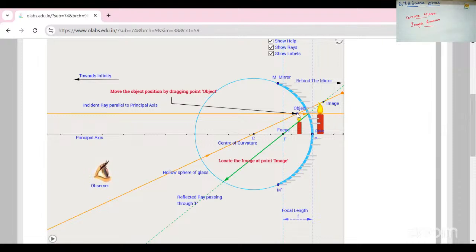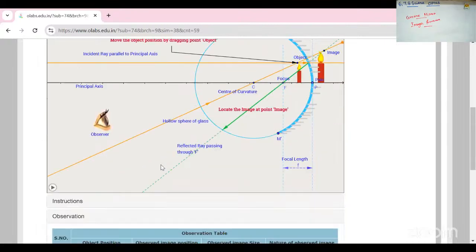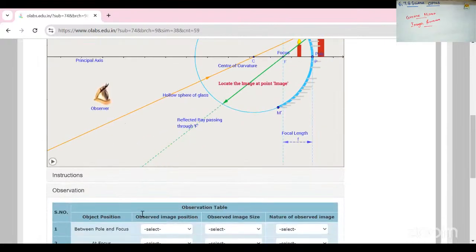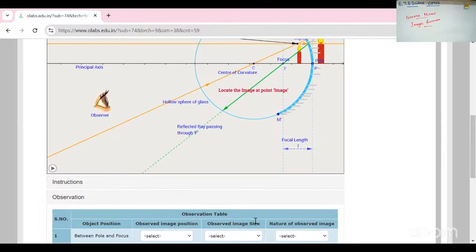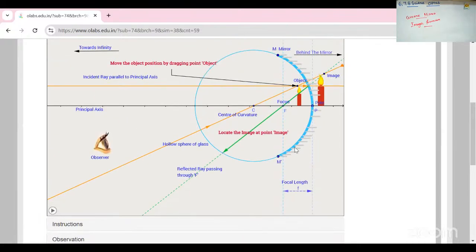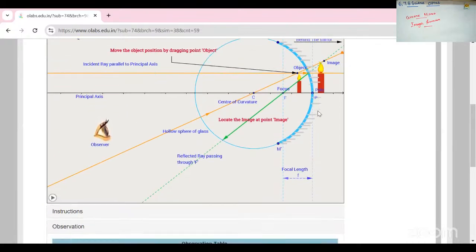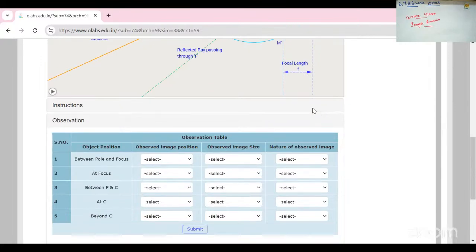Very good, we are getting the image. What is the position of the image?